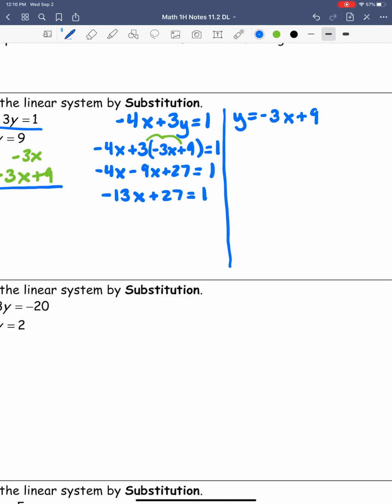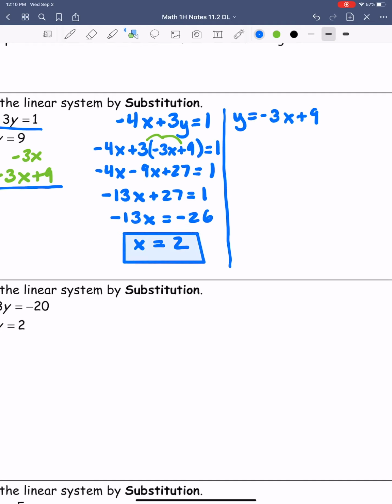Subtract 27 to the other side, so that's going to give me negative 13x equals negative 26. And then I need to divide both sides by negative 13, so I'm going to end up with x equals positive 2.